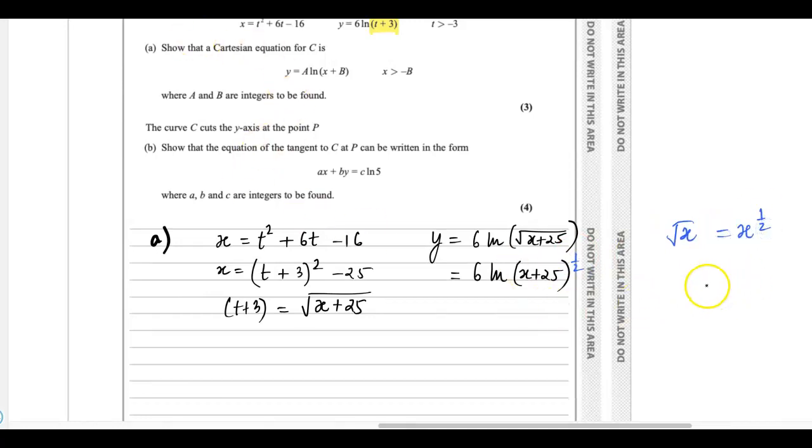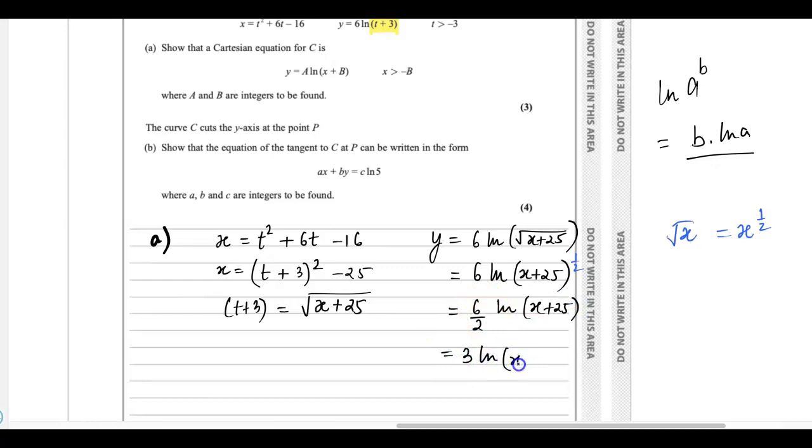So now if you have ln a to the b, we can write it b times ln a. This formula we are going to be applying over here. So that's going to be 6 times a half. That gives you 6 halves ln x plus 25. So that is 3 ln x plus 25. Makes sense? So we have a is 3 and b is 25.